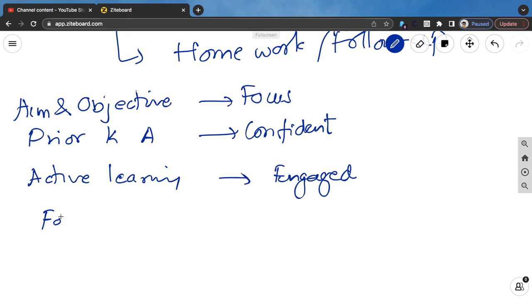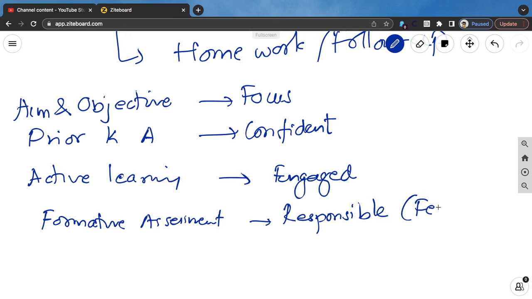You give them some kind of a formative assessment. So basically they are becoming more responsible about their learning. They keep getting feedback about what they are learning. When you ask them questions, they answer. You also give them feedback saying that, you said it correct, but you could have added this also. So there is continuous feedback given and they become more responsible about their own learning.